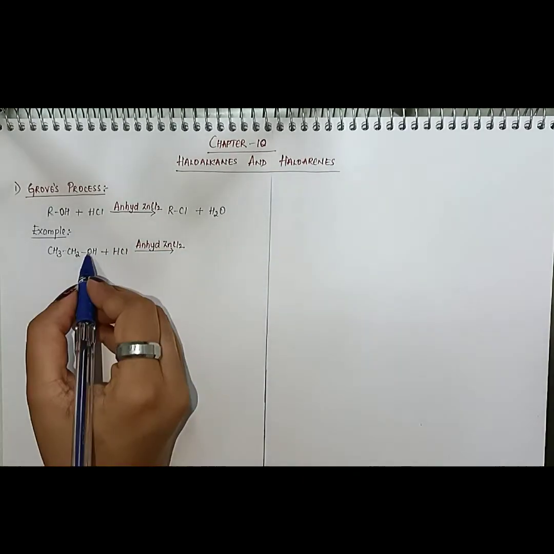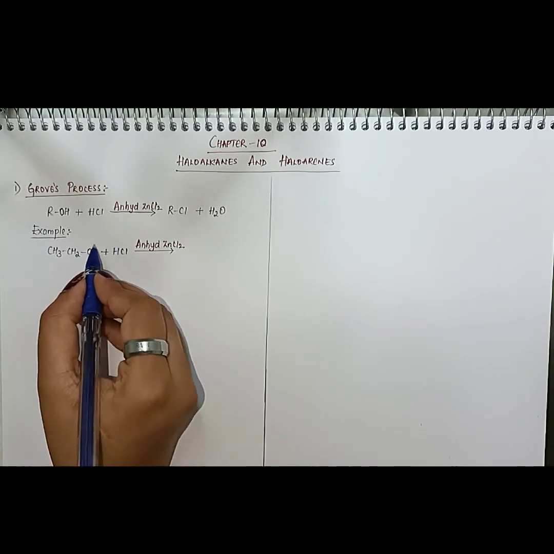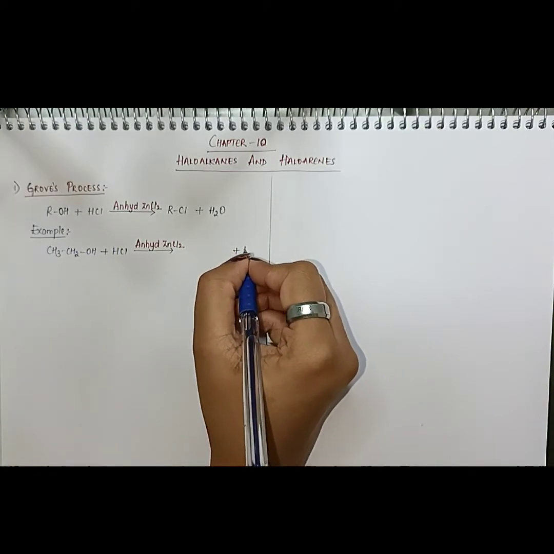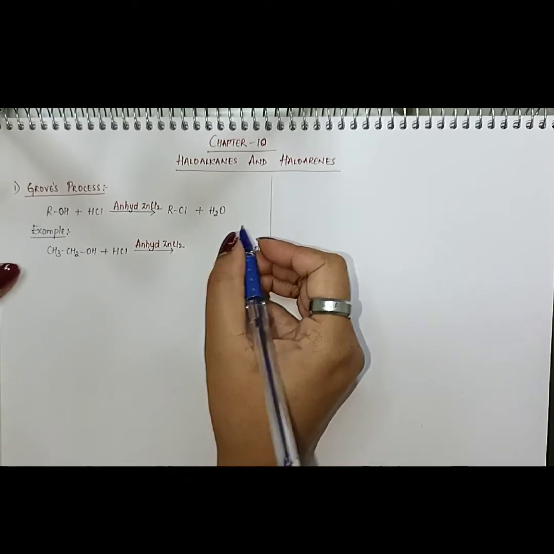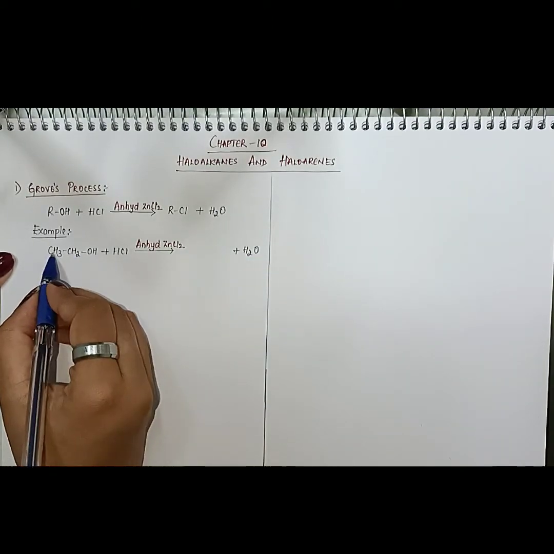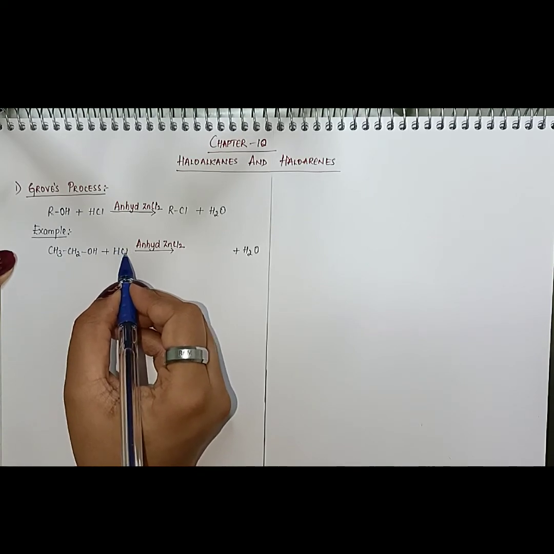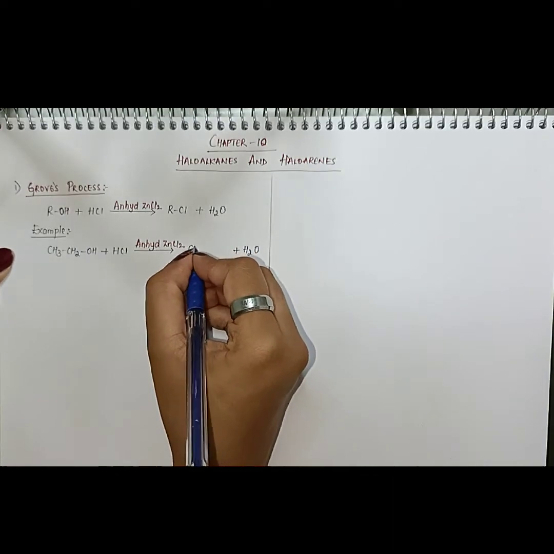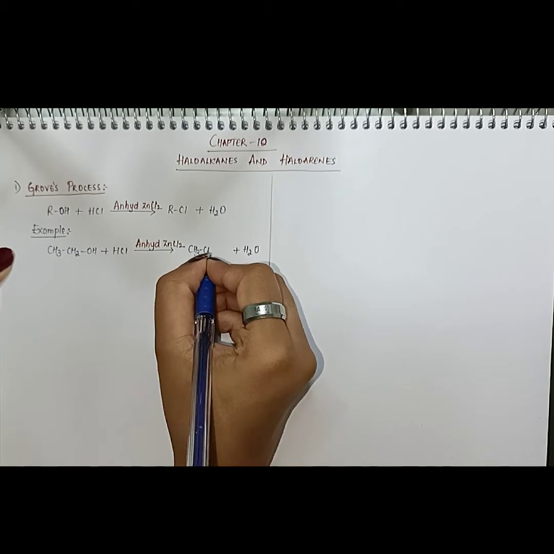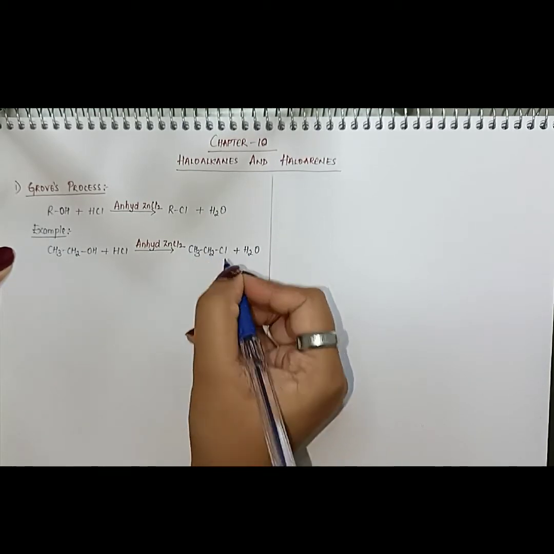Now here OH from here and hydrogen from here will move out as water. And then we have CH3, CH2 which will bond with negative center from here which is Cl to give ethyl chloride.